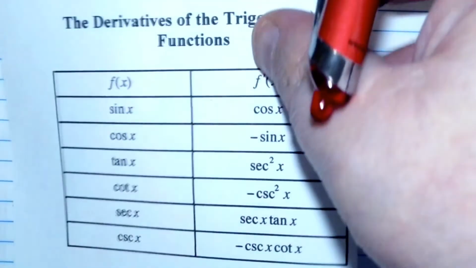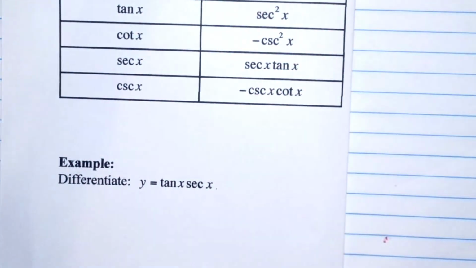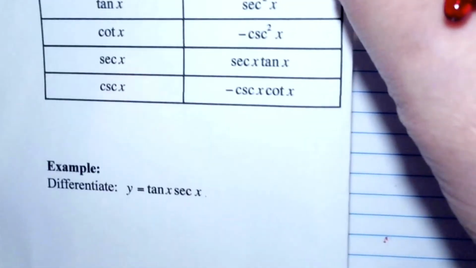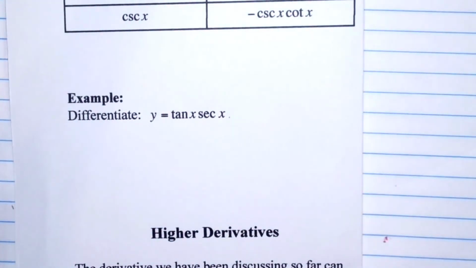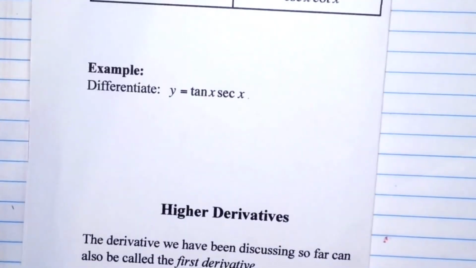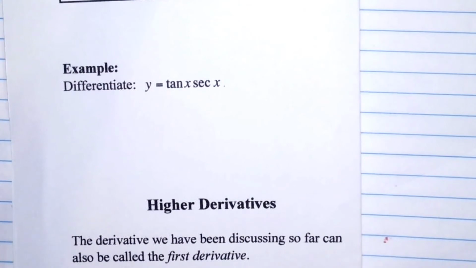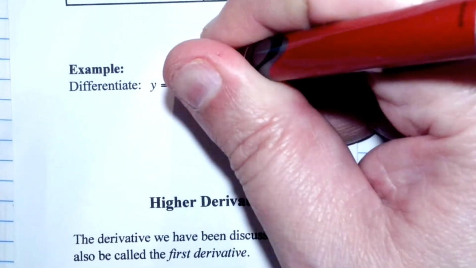Alright, let's try an example where we differentiate a function involving a trigonometric function. So here we've got y equals tangent x secant x. We're going to want to use the product rule.